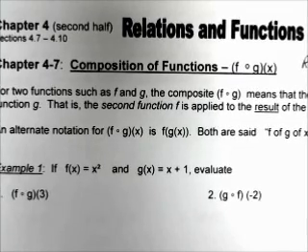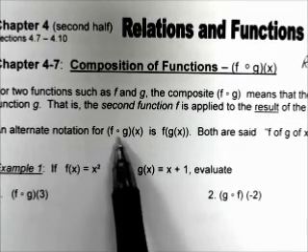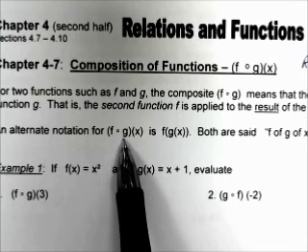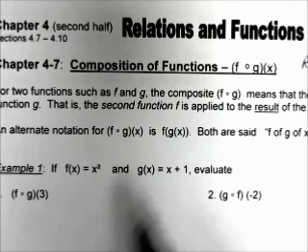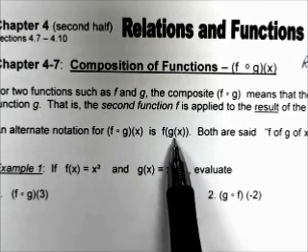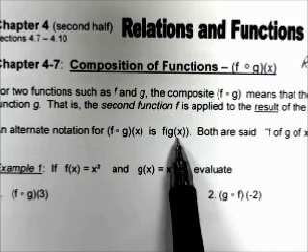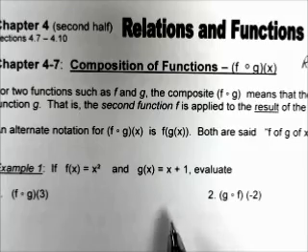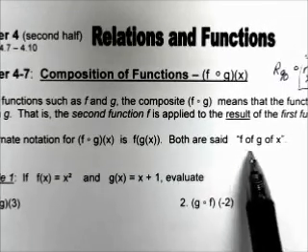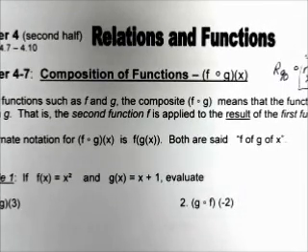An alternate notation for f composition g of x is nested parentheses, where you would do g of x first and then f of that result. Both are said "f of g of x."